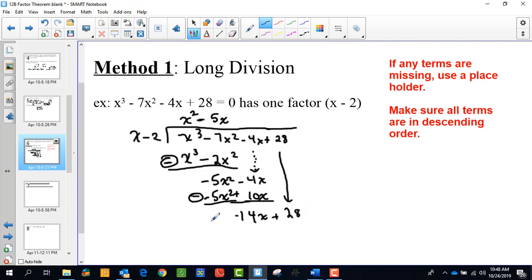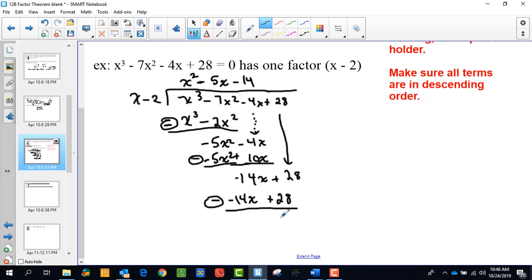Okay, so then I multiply x by minus 14. And minus 14 times x is minus 14x. And then minus 14 times minus 2 is plus 28. And when we subtract those, we end up with 0.